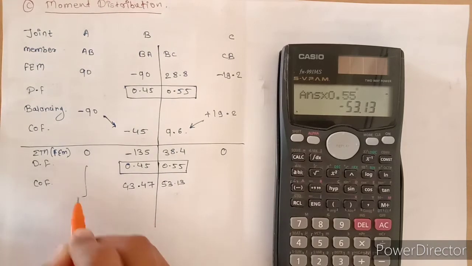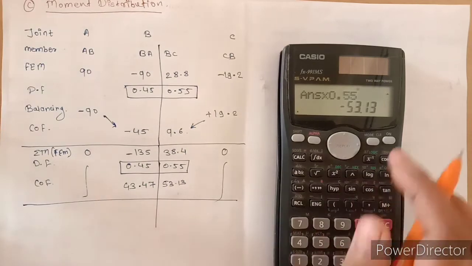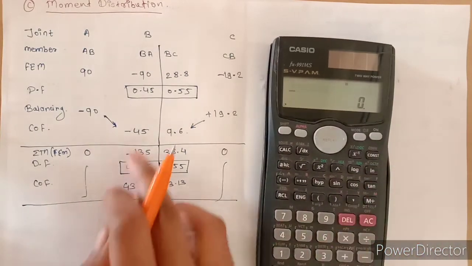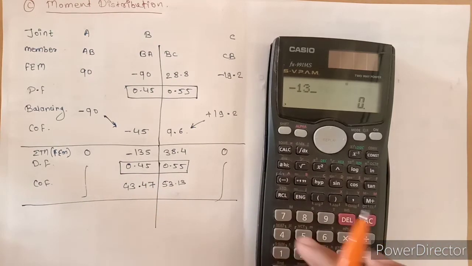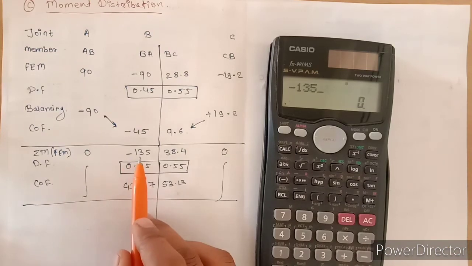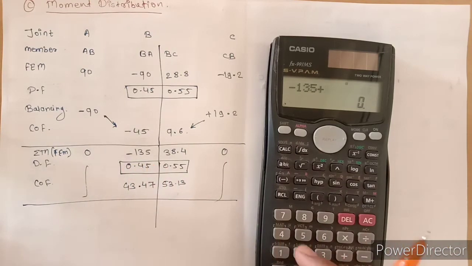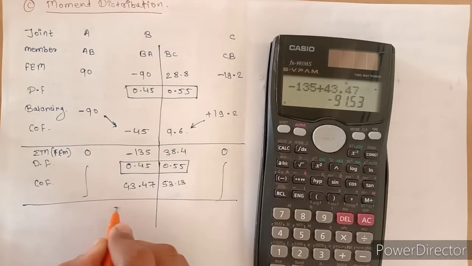Okay, 0 is constant. The last, adding these values: minus 135 plus 43.47. The answer is minus 91.53.